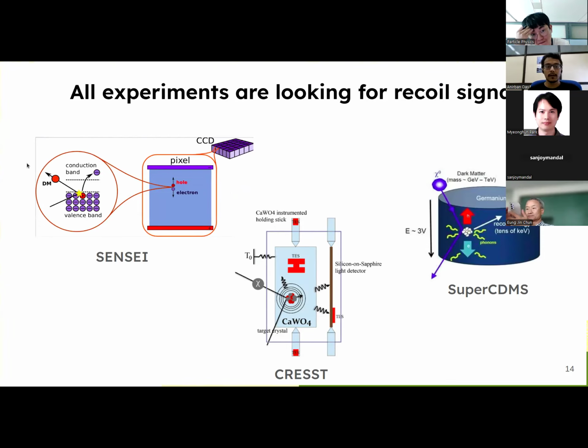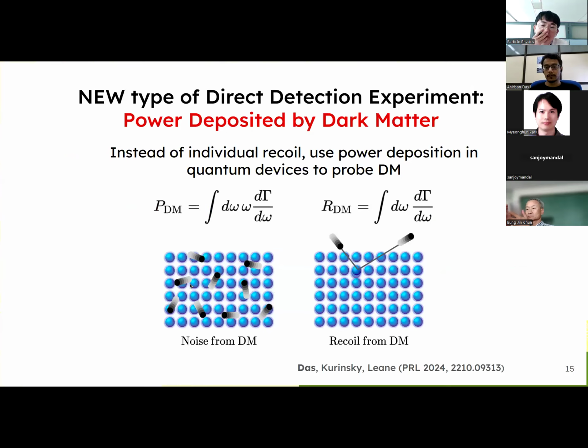The idea is that dark matter comes and scatters with either a nucleon or an electron, and you look for the recoil signature from that scattering. That's the same for all experiments. We want to do something different, because we want to use the current technical ability of some of the quantum devices that we have. And I'll show that we can do that, and that actually gives us very competitive limits already without any dedicated dark matter experiments.